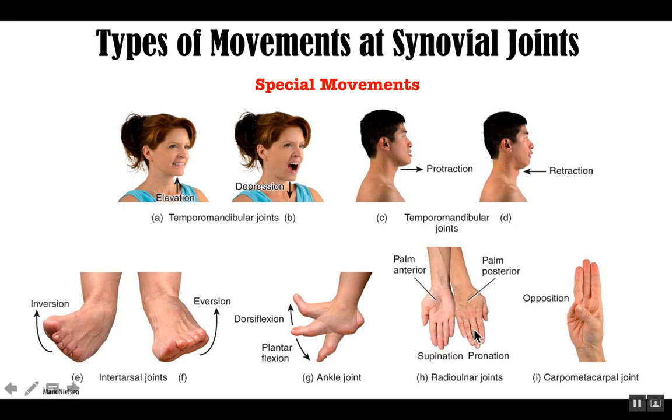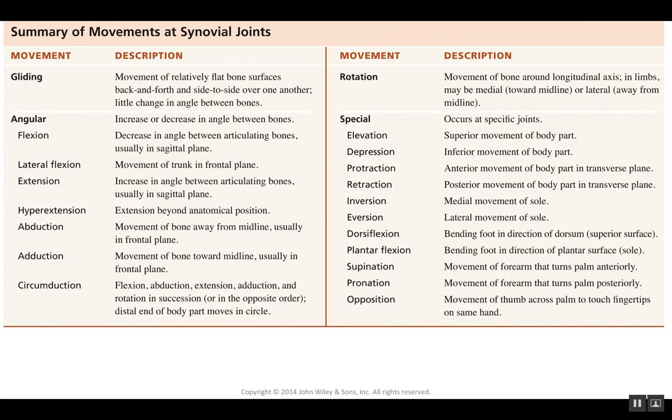When you turn your palm down or posterior, that's called pronation. And then finally, you've probably heard of opposable thumbs. Opposition is moving that thumb across the palm to meet up with your other fingers, like your little finger. So those are all movements found at synovial joints.